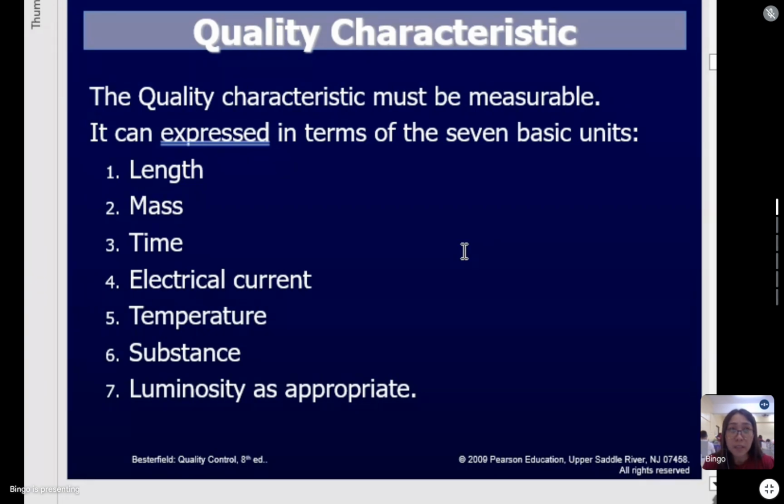What we mentioned earlier: piece-to-piece variation and one piece variation. Then luminosity is another factor that we can consider when determining a quality characteristic that can be what? Measurable, okay?